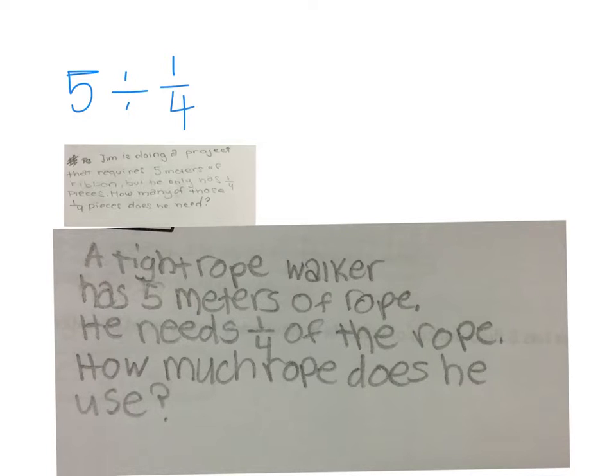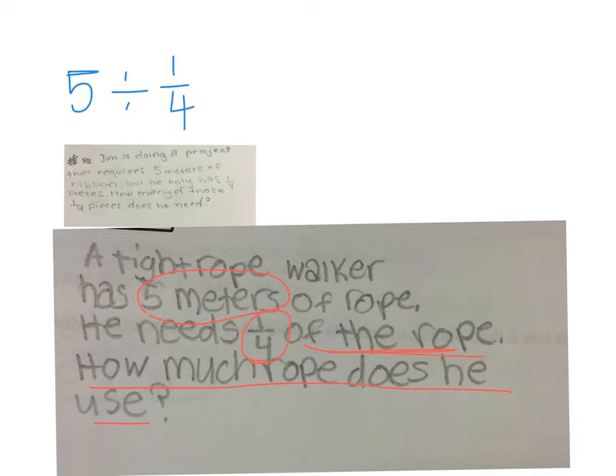Sanatan? It's asking us to find how much rope is used. Okay, this word problem is asking us to figure out how much rope he uses. What important information does the problem give us? Jithya? 5 meters. He has 5 meters of rope, and he needs 1/4 of the rope. So what equation would you do to solve this problem?